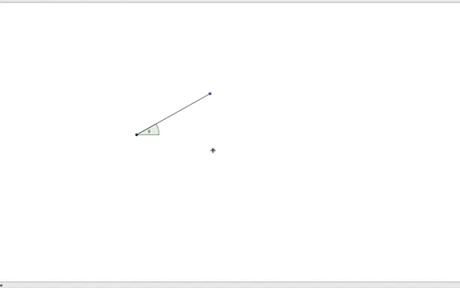So we're going to look in this video at how we extend the idea of sine, cosine and tangent to angles larger than 90 degrees.